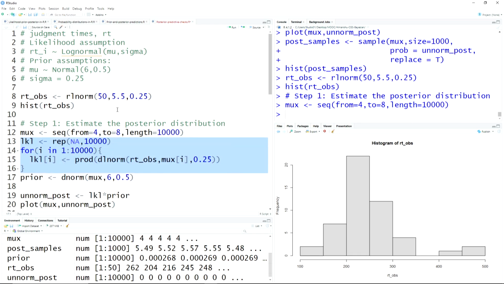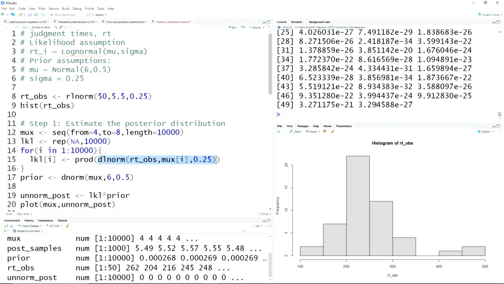What we are calculating here is the joint likelihood, because we do not have a single observation, we actually have 50 observations. So, we calculate the likelihood for each observation corresponding to each value of mu, and then we multiply the likelihood across all these observations.